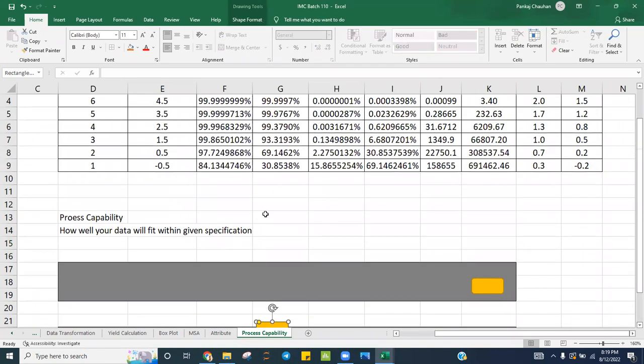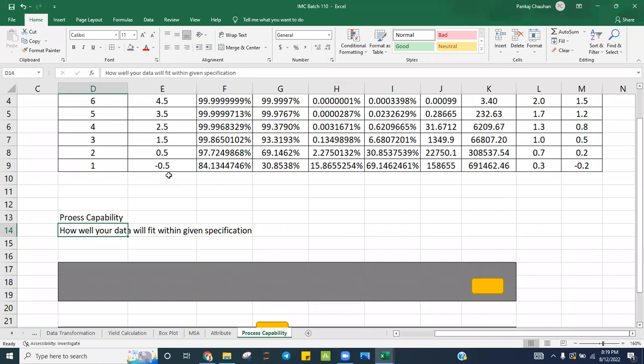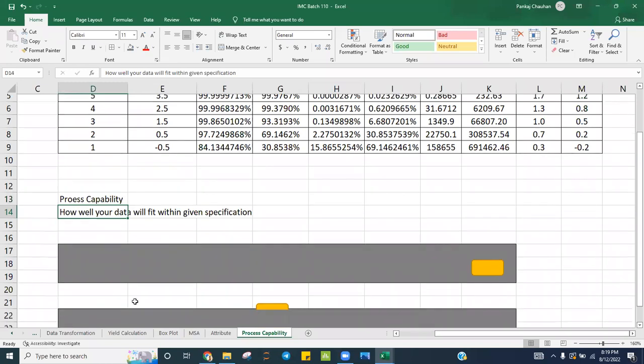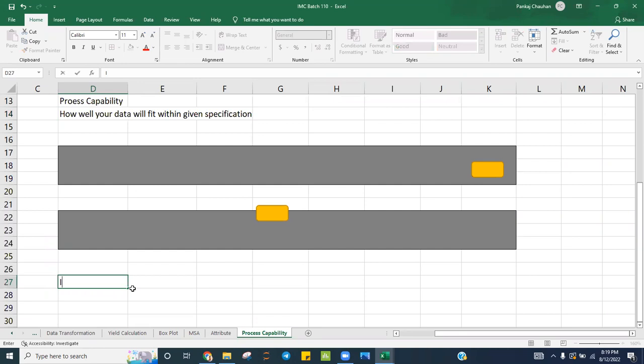So there are two types of capability for the data. One is called the inherent capability, and the second one is called the actual capability.